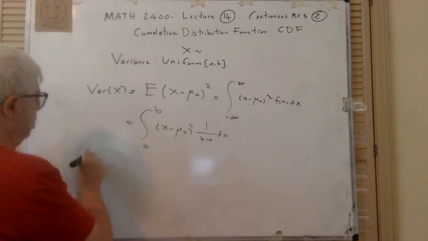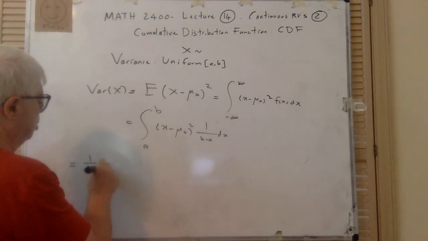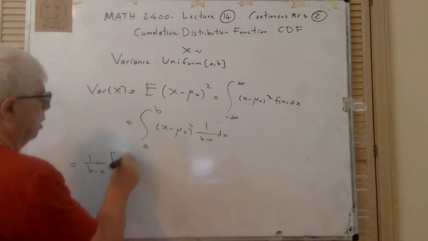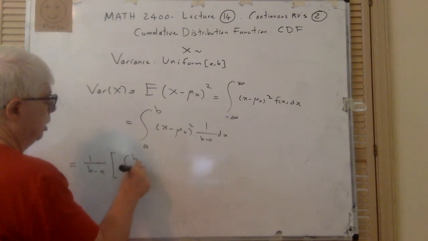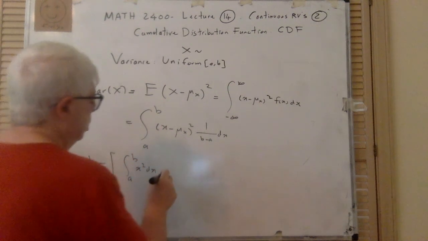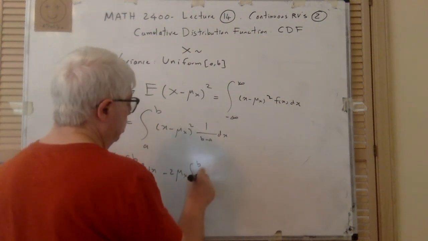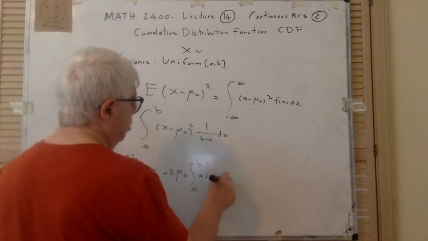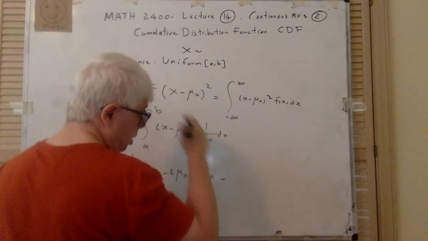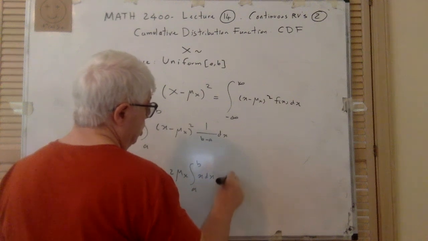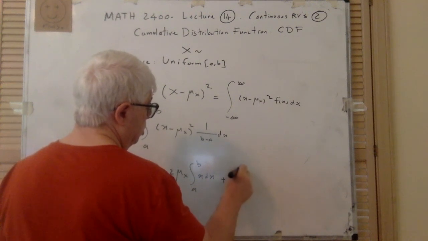Well, I can just bring this out, let's just write 1 over b minus a. So I have the integral from a to b of x squared dx, then minus 2 mu x times the integral from a to b of x dx, plus mu x squared.